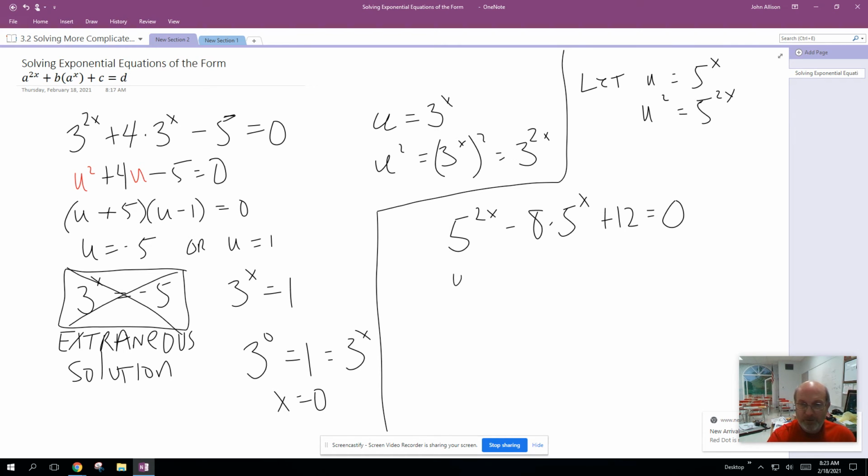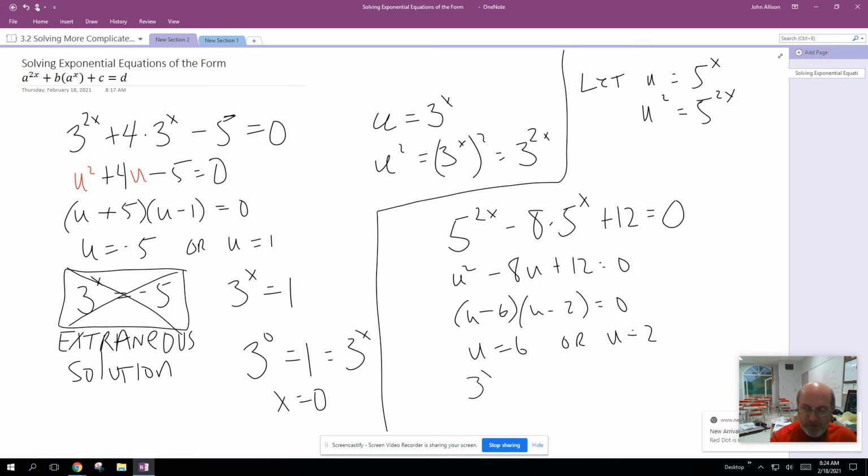We'll make our substitution. u squared minus 8u plus 12 equals 0. And we'll factor that to u minus 6 times u minus 2 equals 0, so that u equals 6 or u equals 2.